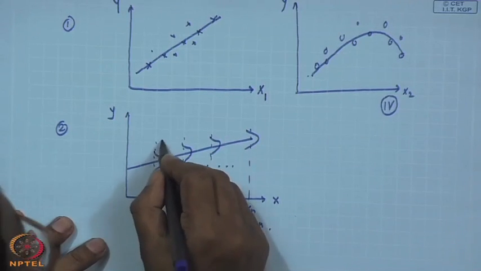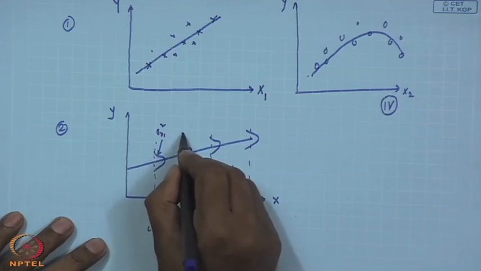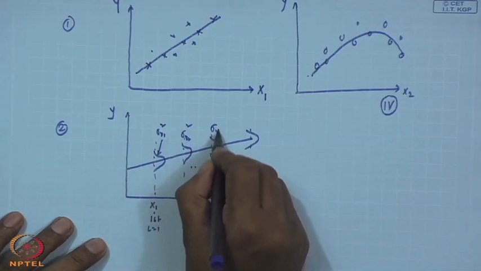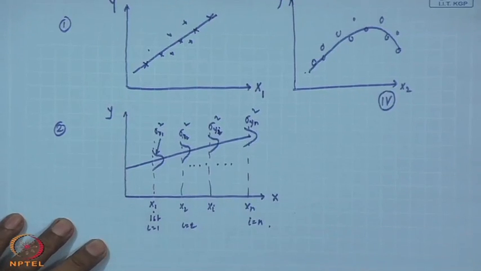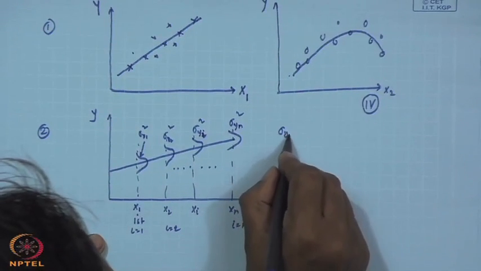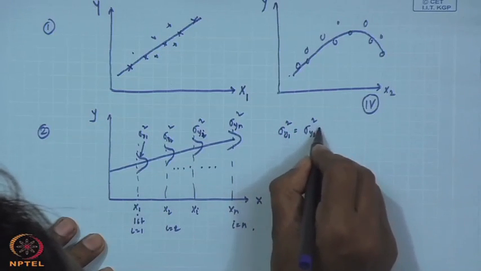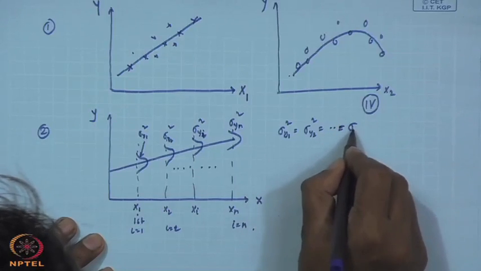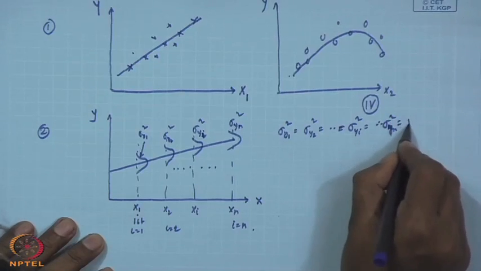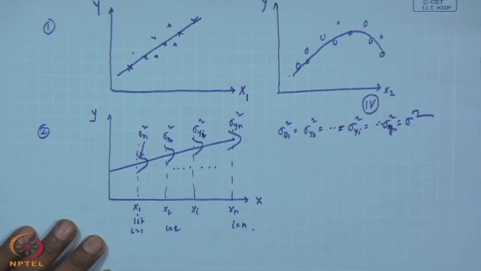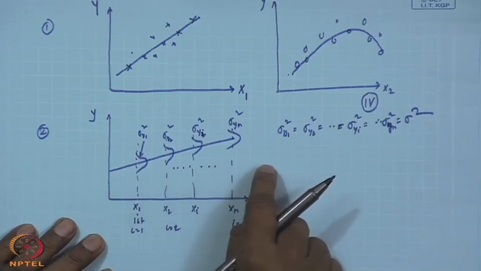That means we are saying sigma y1 square, sigma y2 square, sigma y3 square, sigma yi square, sigma yn square, at x equal to 1, y2, yi, yn, this should all be sigma square. This is what homogeneity means from the variability of y point of view.